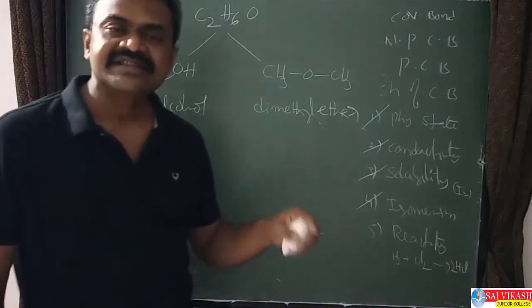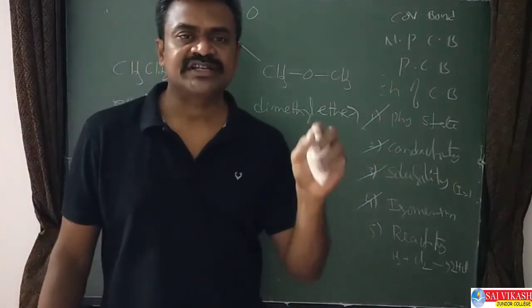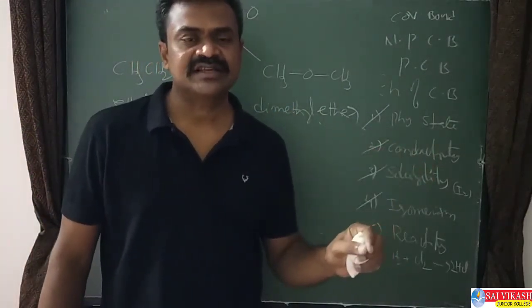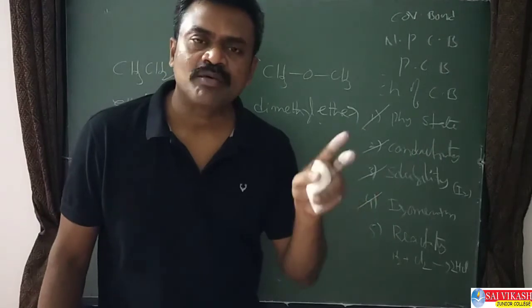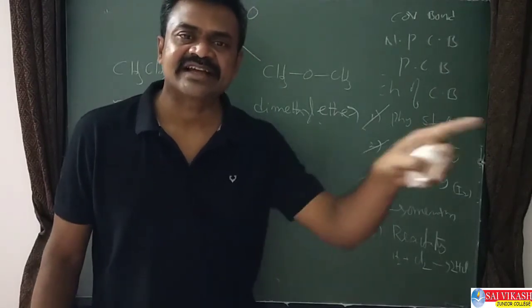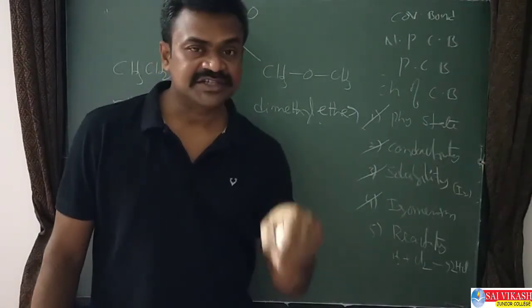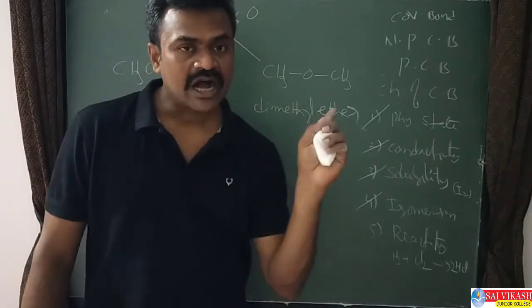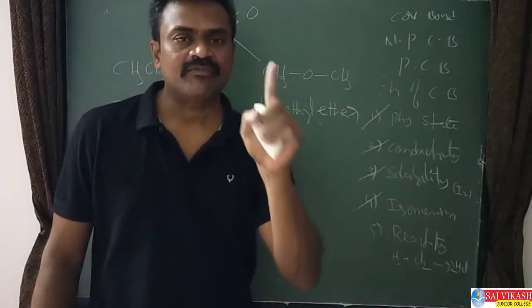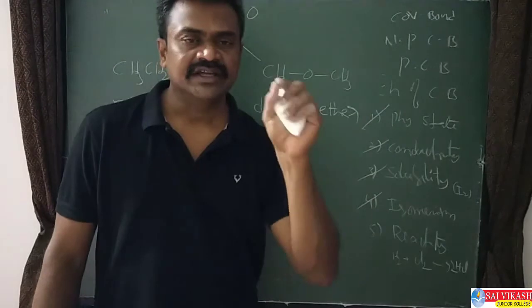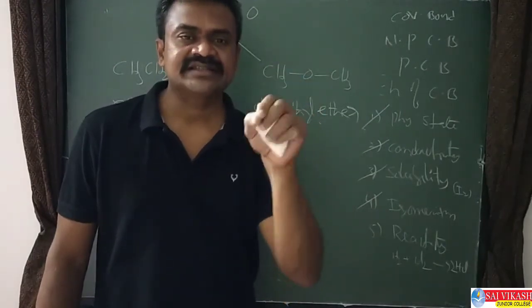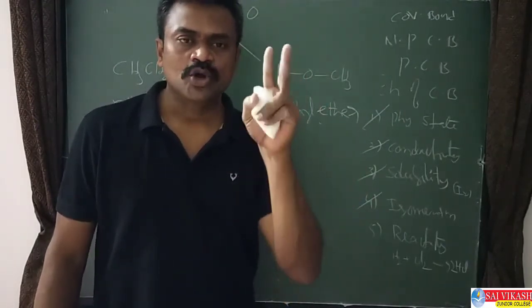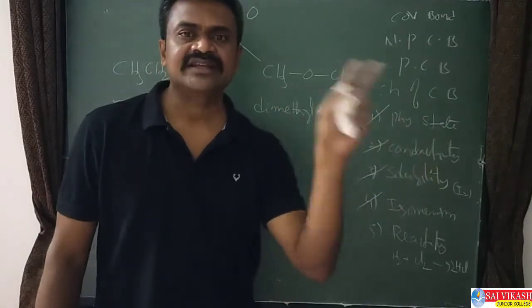And the main reason why covalent compounds show isomerism is that covalent bond formation is directional. You won't understand this point now. After this, a theory will come, valence bond theory, and there I'll tell you why it is directional. Covalent bonds are directional bonds.